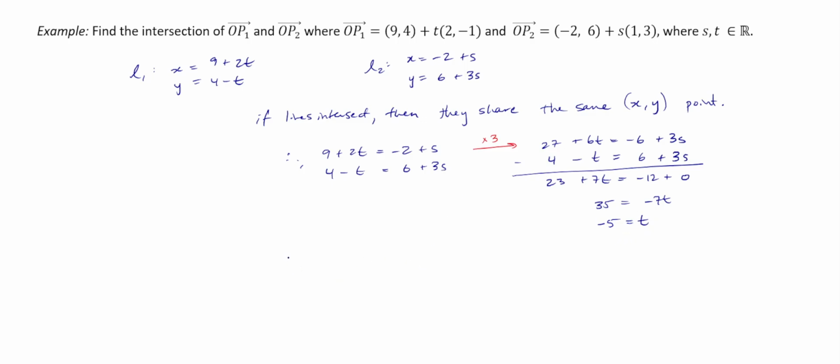Okay, so what I'll say right here is, therefore, the point of intersection happens when t is equal to negative 5. And you might be wondering, well, don't I need to find what s is? Well, no. If we know that t is equal to negative 5, that's going to generate an xy point that is the same as this xy point, because we equated them to say that they are sharing that point.